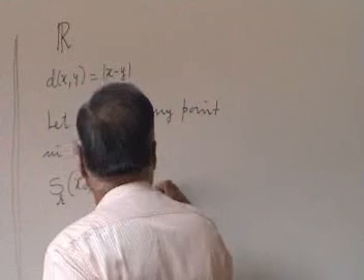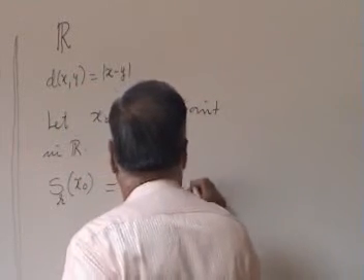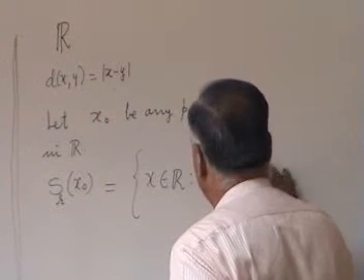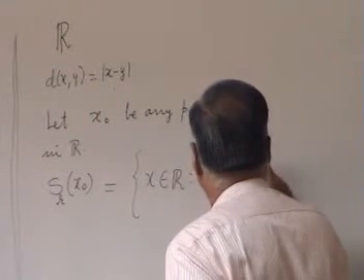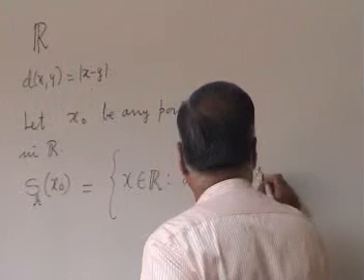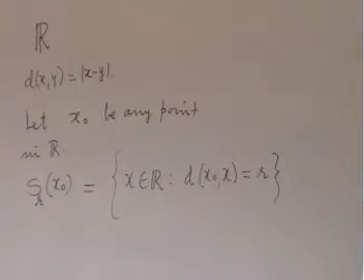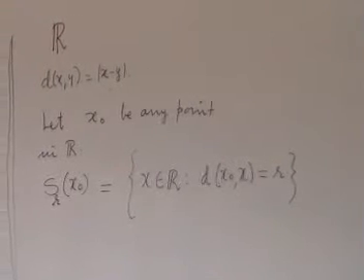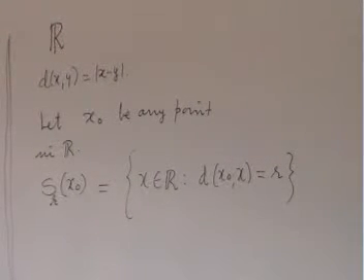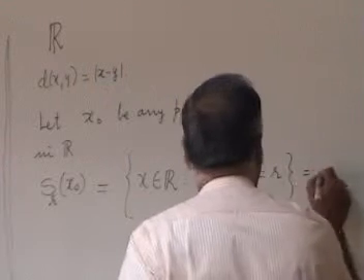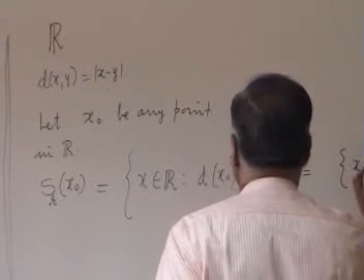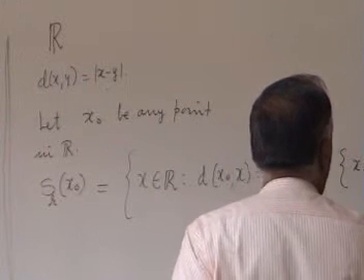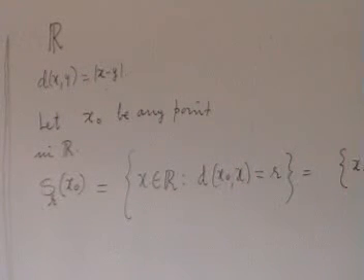So it is the set of all points x in R such that the distance from x naught is exactly equal to r. Now in one dimension, what is that circle? It's just the 2 points x naught minus r and x naught plus r.